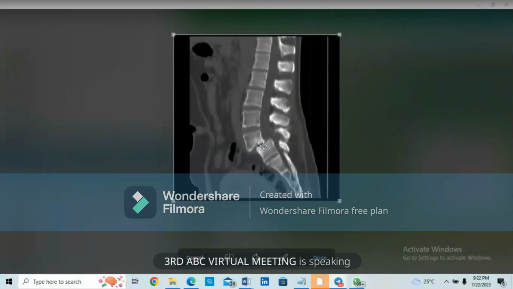If you notice here, you can see that it's protruding away. The curve is even prominent once you carry out the MRI. You can see that the curve is altered. It's supposed to be a normal curve this way, but it's altered here. The L5 is protruding anteriorly, intruding into the pelvic inlet.